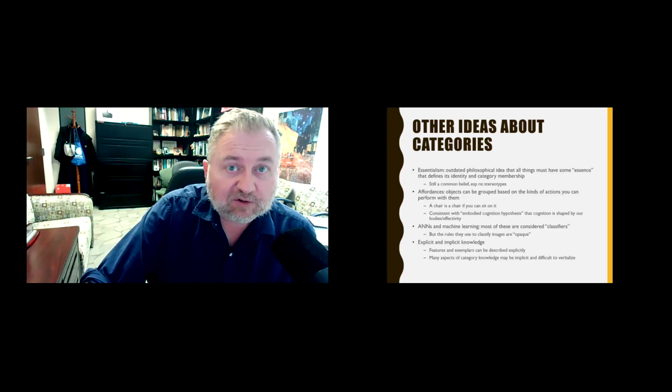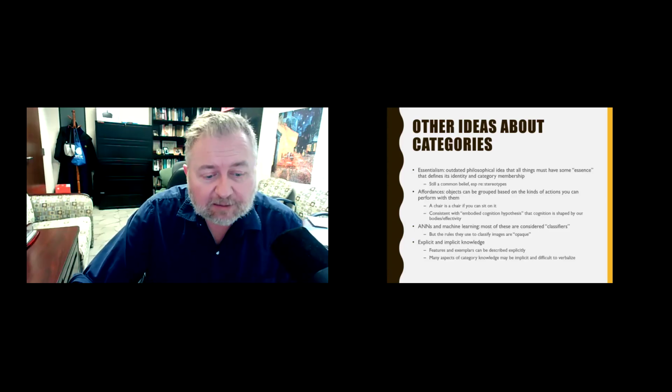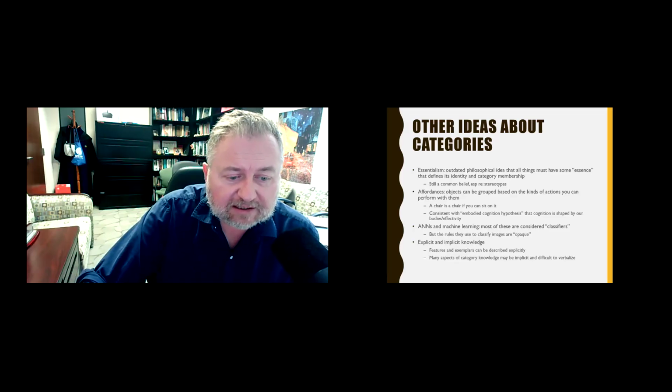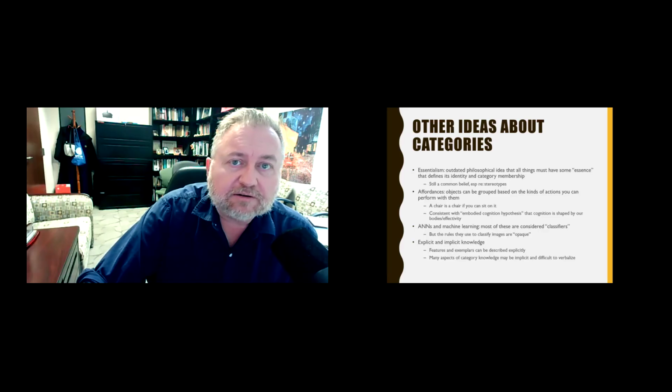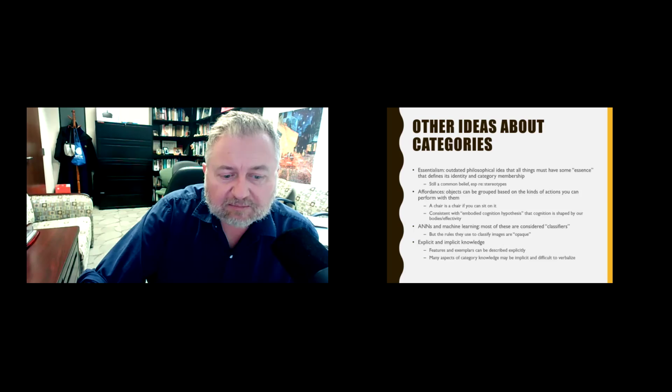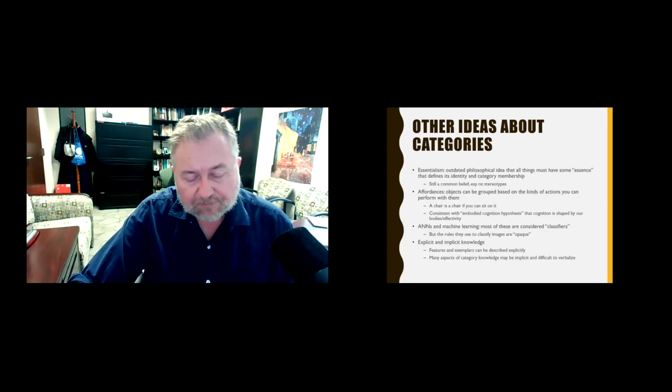We just know that its output is that it can correctly label images as duck and not duck. But one of the upshots of this kind of research, by the way, is that the mere fact that such a machine learning algorithm can be successful while only relying on features present in these various images would seem to suggest then that maybe categorization can occur based on features after all. So that's one possibility, of course.